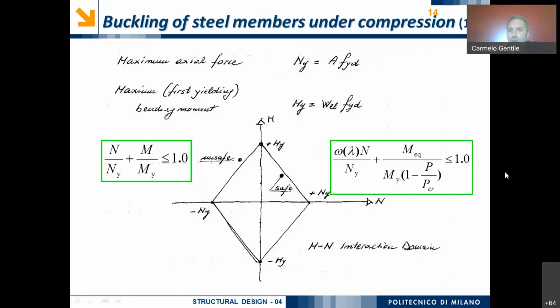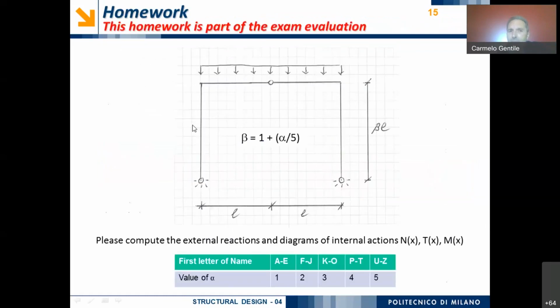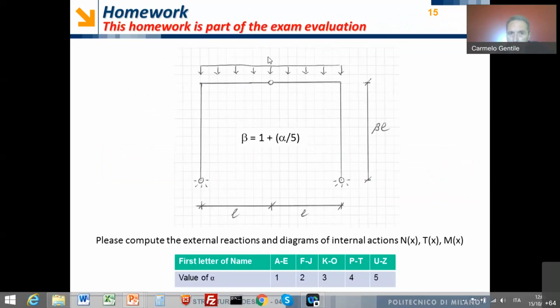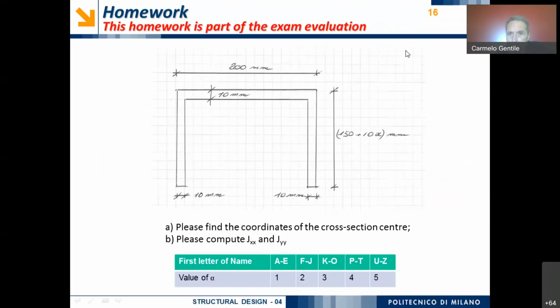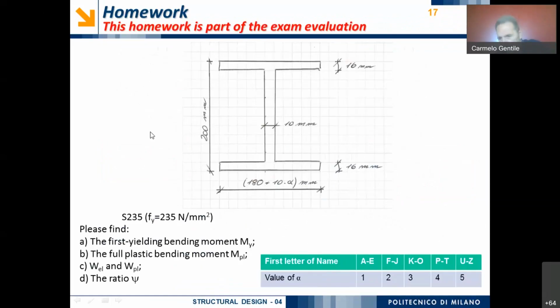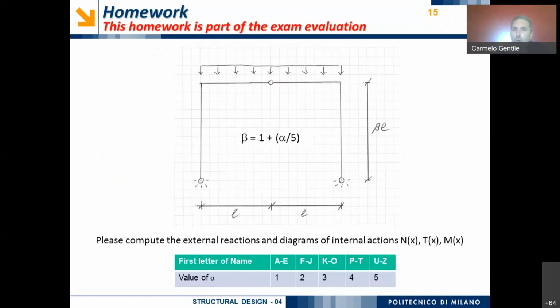Okay, no other question. Let's come to the homework. This homework is divided in 3 parts and is part of the final examination.